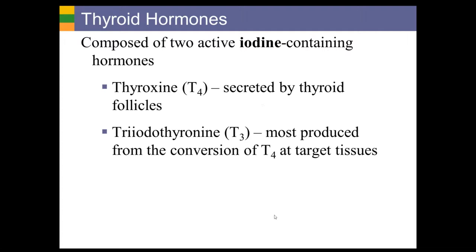In fact, most iodine in your body is found in these molecules in your thyroid gland. And that is why, for the most part, you have an iodine dietary requirement, because iodine is required for the production of these thyroid hormones.